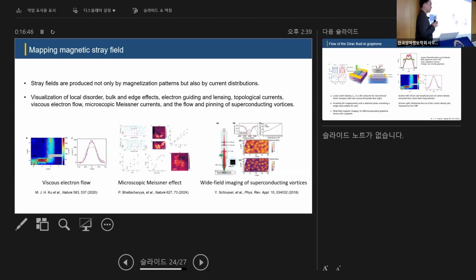There are many interesting studies using this approach. With NV centers, transport imaging can give you local disorder, viscous electron flow, Meissner currents, and maybe superconducting vortex motion. I can give you a key example of it in the next slide.